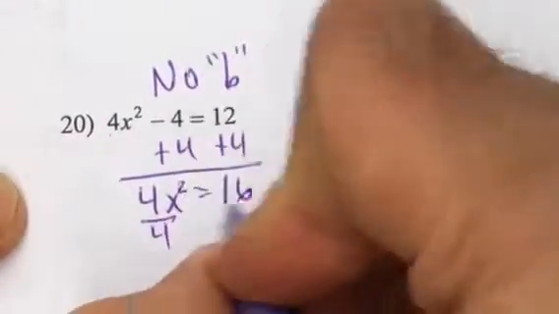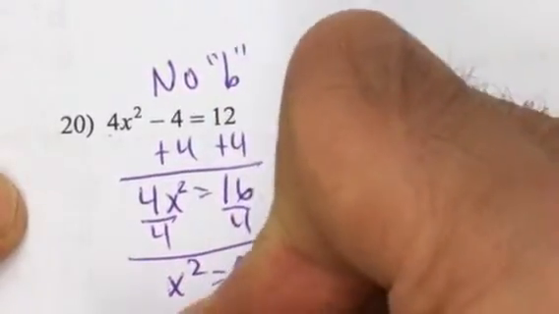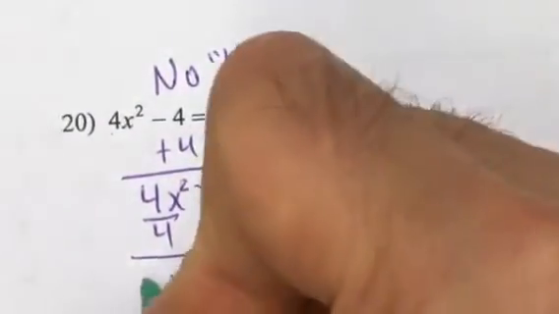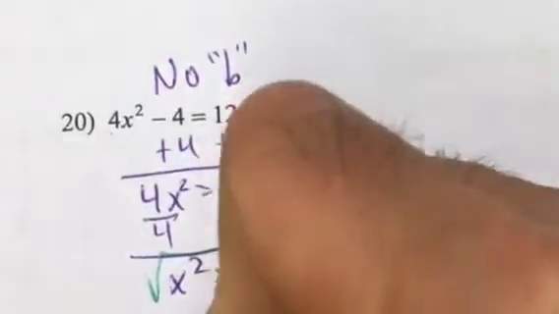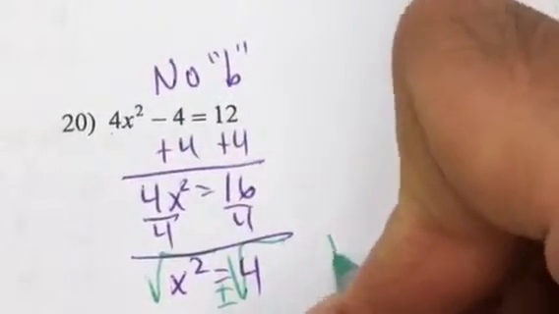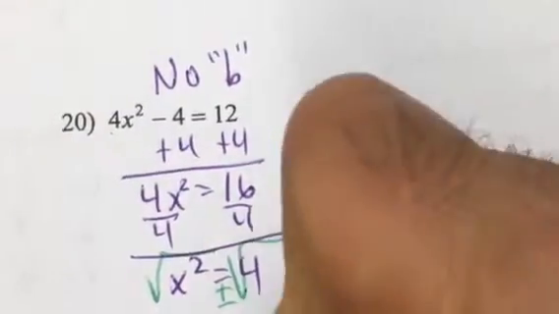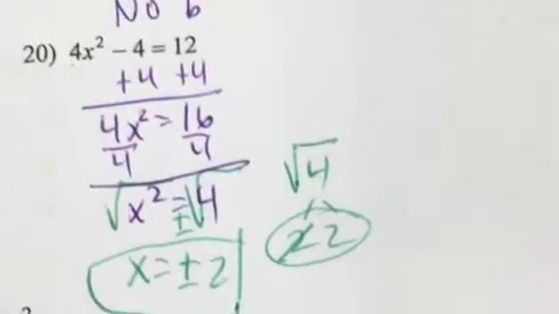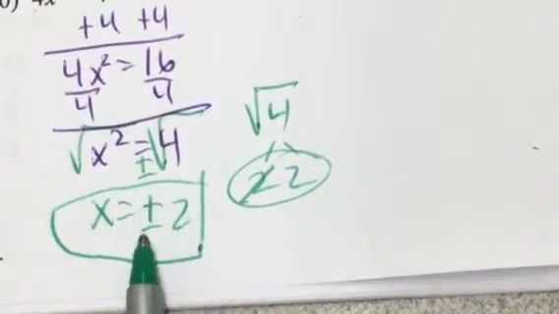Divide by 4, divide by 4. X squared equals 4. Square root both sides, get rid of the square and put a plus minus right there. X equals, well, square root of 4 is 2 times 2. Cross one out. Oh, plus or minus 2. I know it's kind of crude, but x equals positive 2 or negative 2.